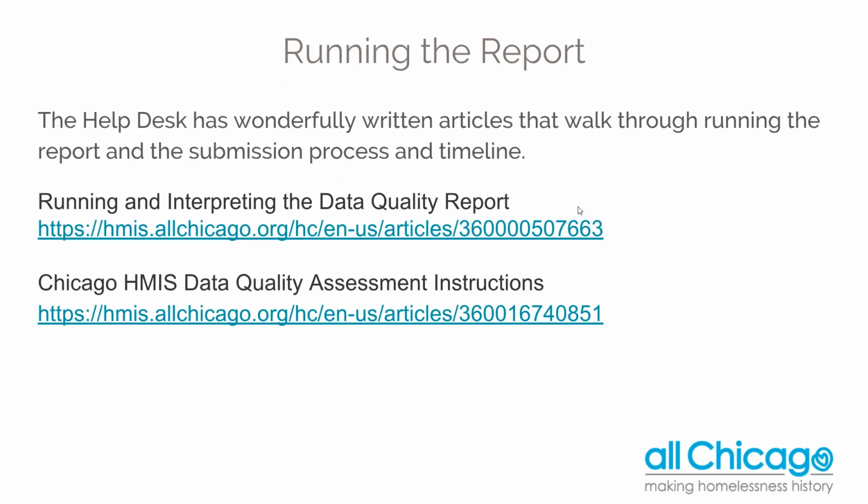Once again, we have the report here. If you ever want to look at the actual DQ report on utilization, most of you already have by this point. This link down here for the Chicago HMIS data quality assessment instructions is going to be updated for the future.